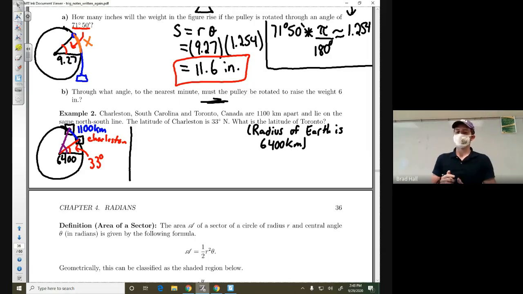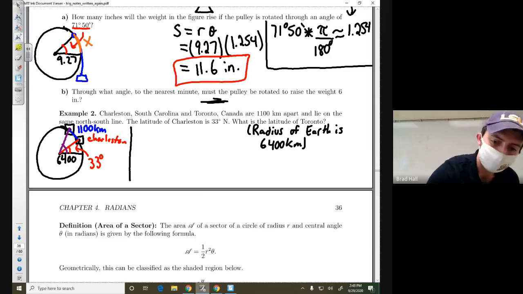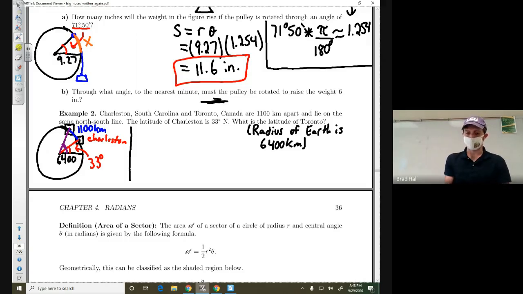So remember, we're looking for this purple arc right here. That's ultimately what we're looking for. That corresponds to the latitude of Toronto. The problem is we can't find that arc because, in order to use the formula, we need to know this whole segment right here, that whole segment. But we don't know that. So what I'm going to do is determine first the distance from the equator to Charleston.